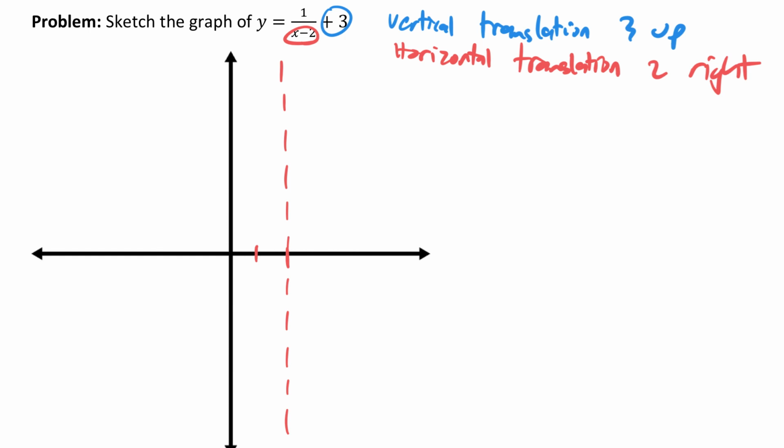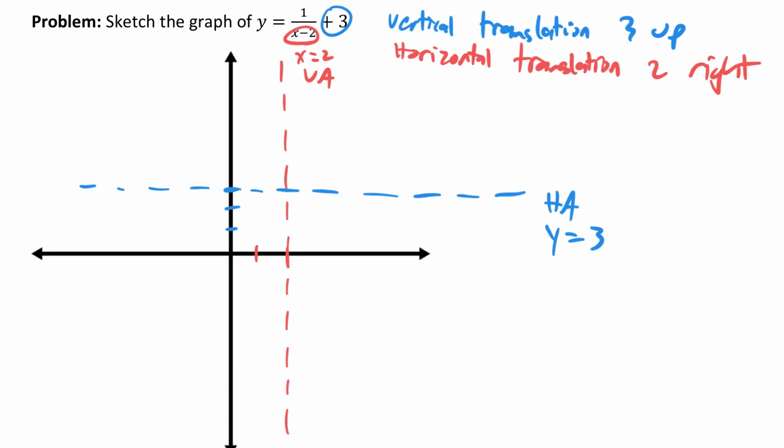The vertical asymptote that was at x equals 0 is now going to be at x equals 2. And it makes sense because if you try to plug in x equals 2 into the function, 2 minus 2 is 0 and we can't divide by 0. Similarly, we'll take that horizontal asymptote and move it up to 3. So there's my horizontal asymptote at y equals 3.